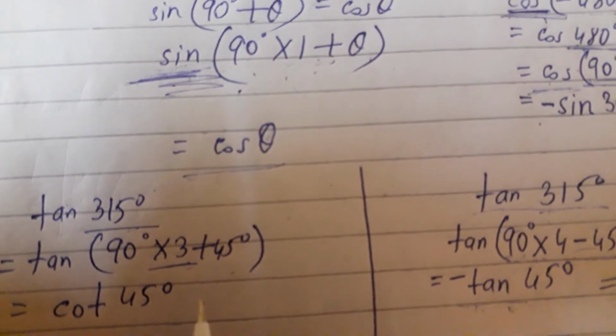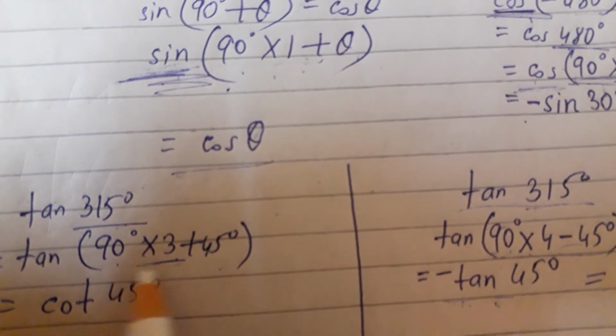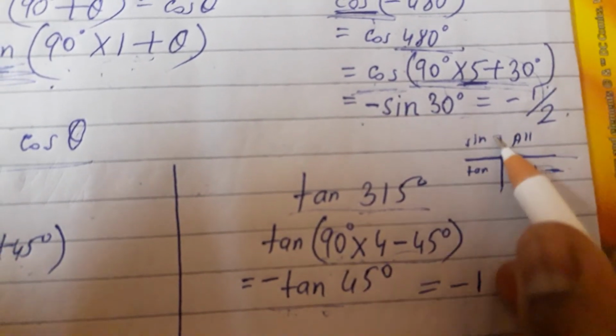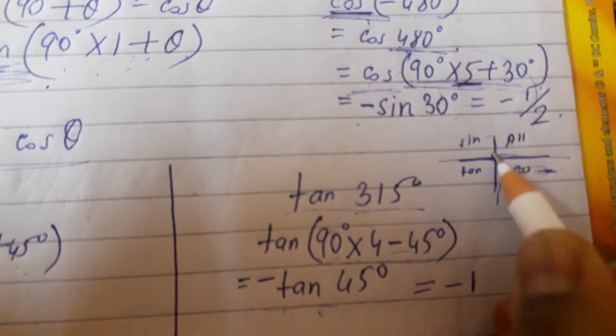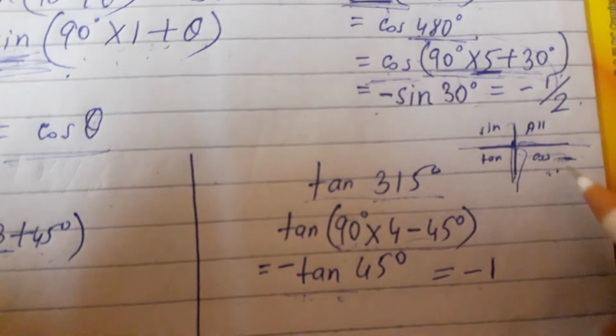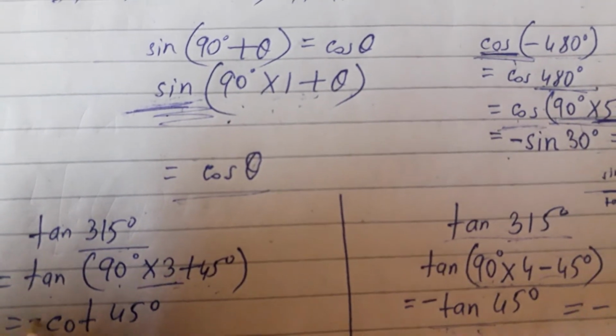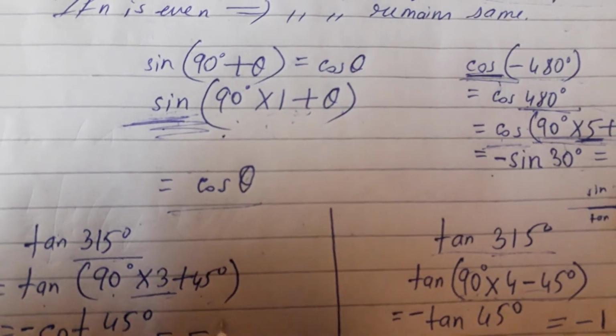Now you have to determine the sign. 90 into 3 plus 45 degree: 90 into 1, 90 into 2, 90 into 3 plus 45. This also falls in the cos quadrant, but the mother function is tan, so the sign will be negative and the answer will be minus 1.